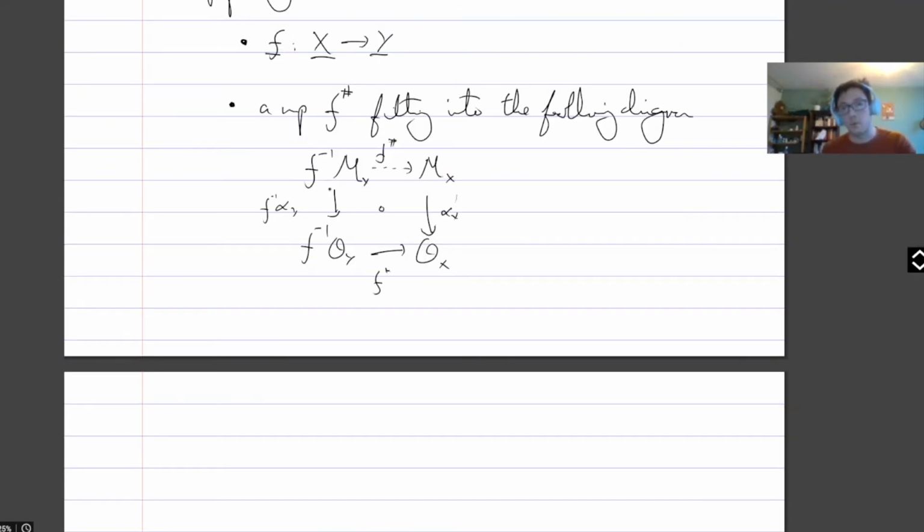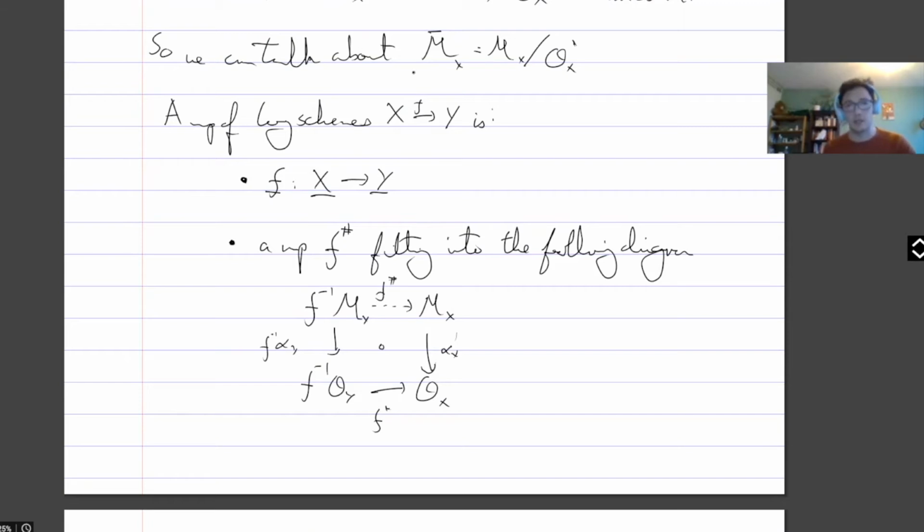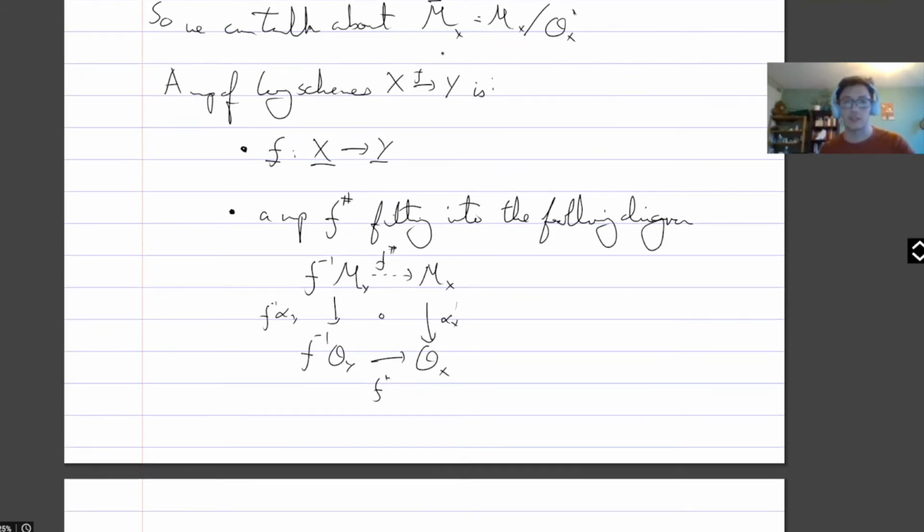And one thing that this gives you is a map also on these M bar sheaves, on these characteristic sheaves.